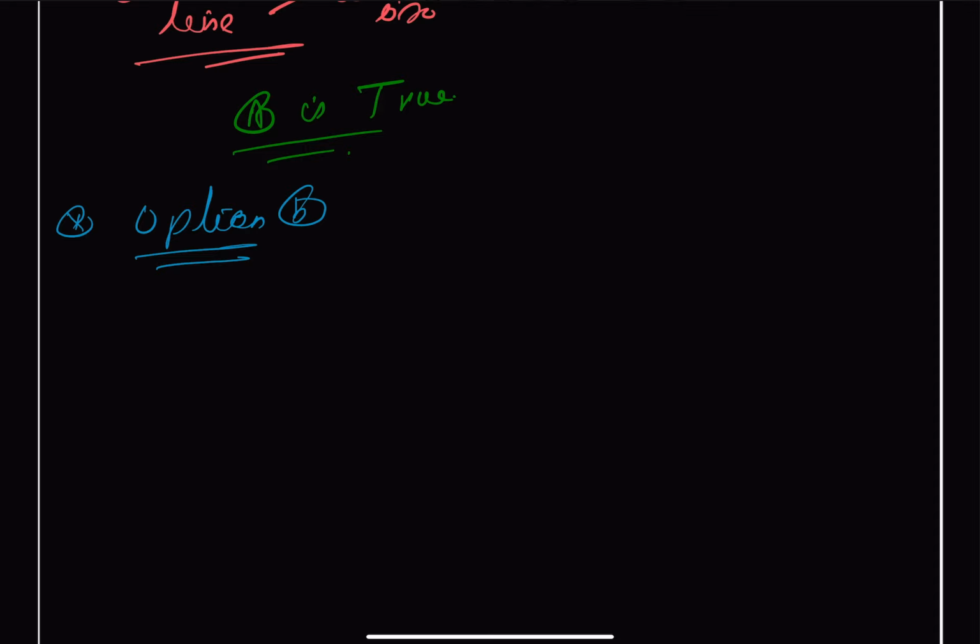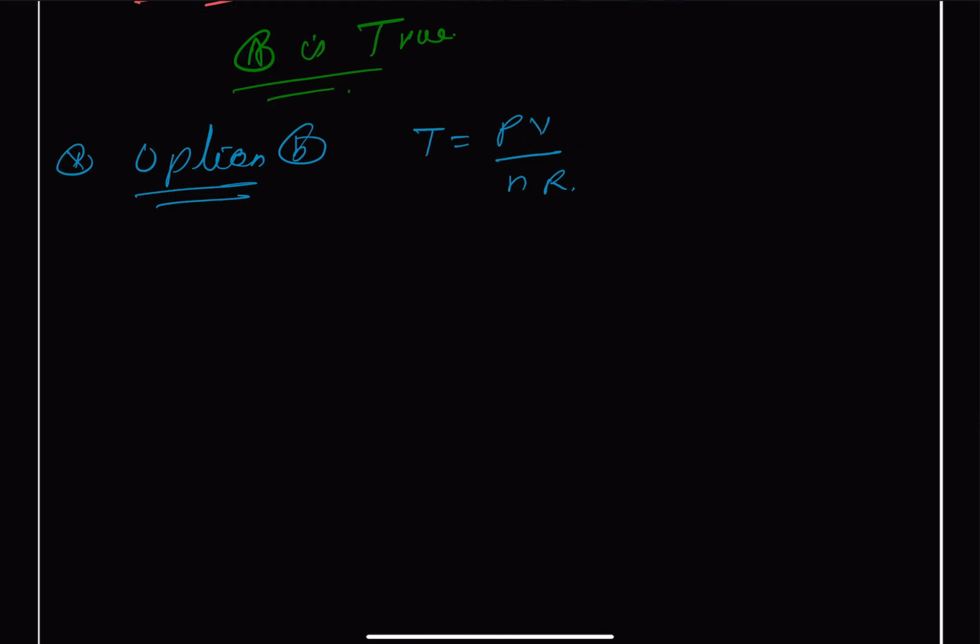So we are going to use T is equal to PV upon nR. And we can substitute our P, and this gives us T is equal to 1 upon nR times 3P by 2 minus P by V naught times V, and the whole multiplied by V. So we can take P as common.